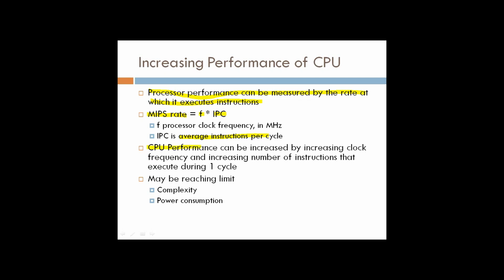So if we want to enhance the CPU performance, we will have to either increase the clock frequency or increase the number of instructions that can be executed in one cycle. There is always a limit in enhancing the hardware capability of the CPU because of the complexity and the power consumption.